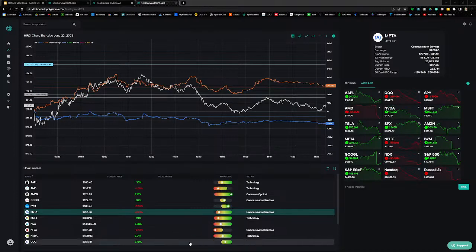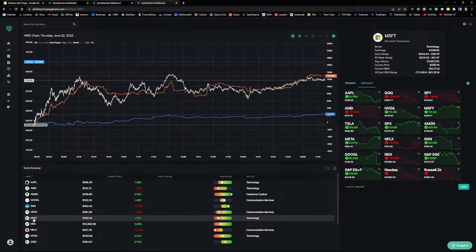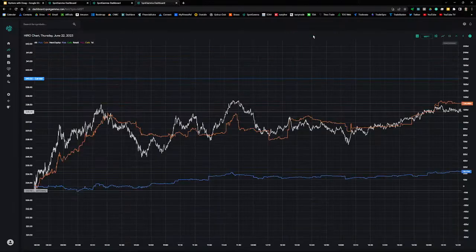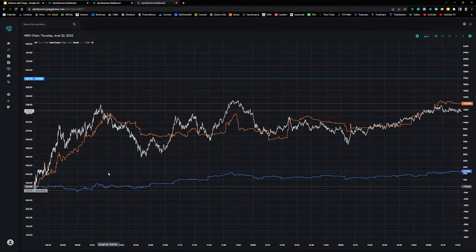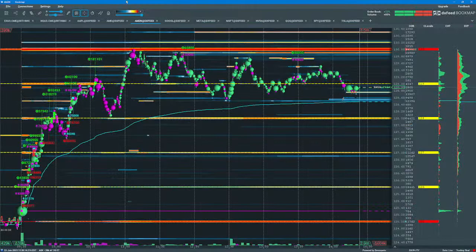Let's take a look at Microsoft. A little bit more clear in Microsoft. Call buyers definitely in from the open, and they continue to buy calls. Again, I'm looking at the rising orange line, the 340 level, the call wall, potential target up above. Maybe not for today. Let's go take a look at Bookmap.